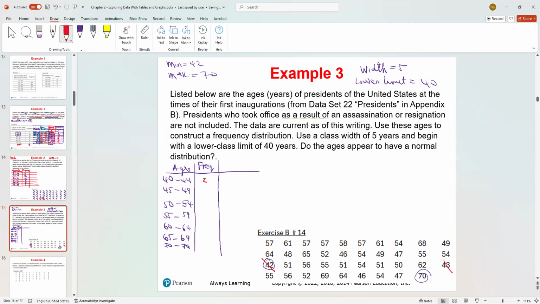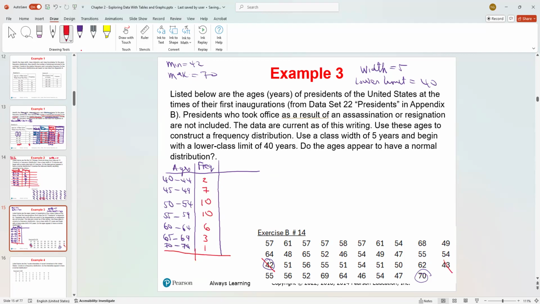As you do it, you would see it's 2, 7, 10, 10, 6, 3 and 1. So feel free to verify on your own. Remember the totals; always go with the totals if you want to continue with adding the midpoint, the relative frequency, the cumulative frequency in the same table.